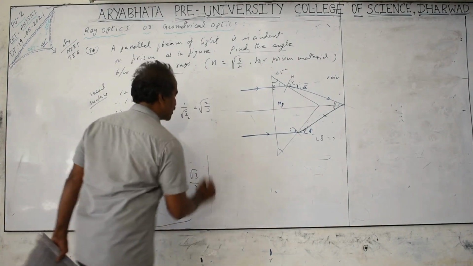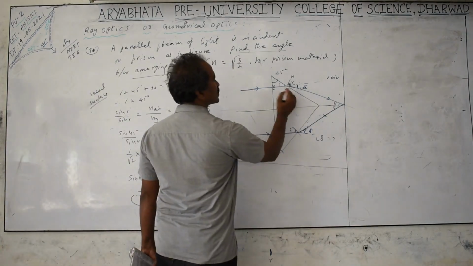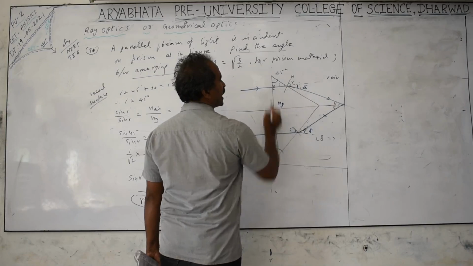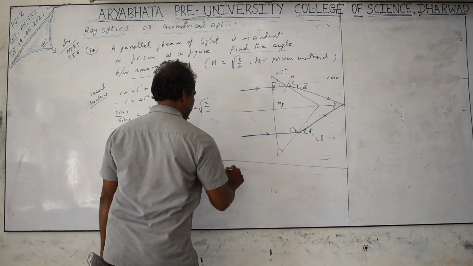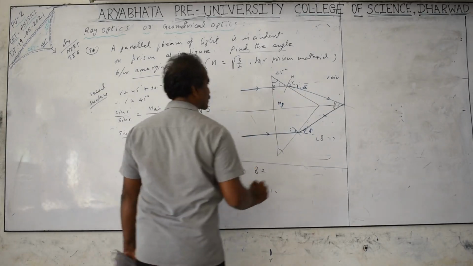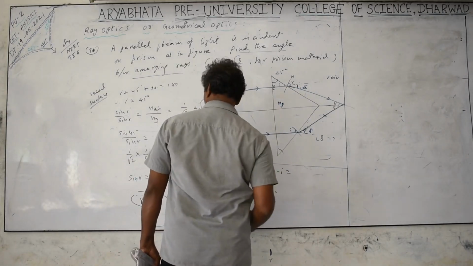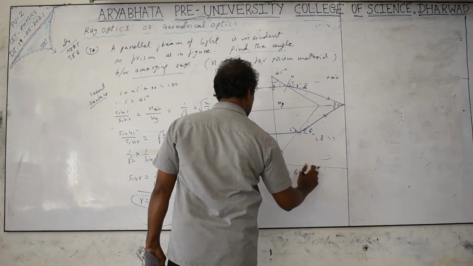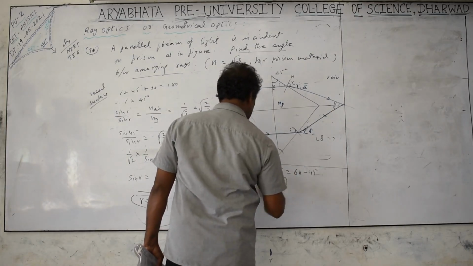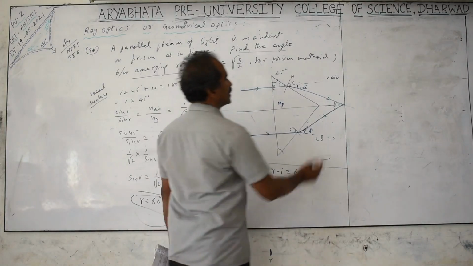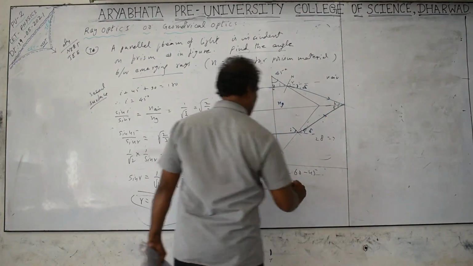But we want to find the deviation. Light travels from rarer to denser, meaning R is more than I, so the deviation is R minus I. Deviation delta is equal to R minus I, which is 60 minus 45 equal to 15 degrees. This is not the answer. What they asked is, what is the angle between the two emergent rays? This is for one ray.